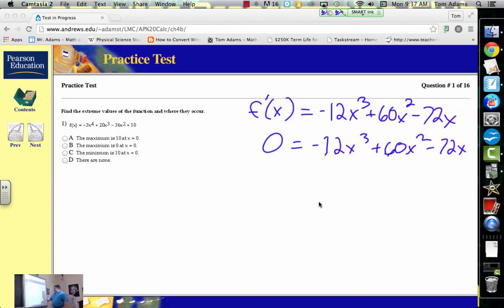Then I'm going to divide every side by 12, so I'll get 0 is equal to negative x cubed plus 5x squared minus 6x. Am I doing good so far? Yeah. Oh no, wait, 72 divided by 12 is 6, it's minus 6.